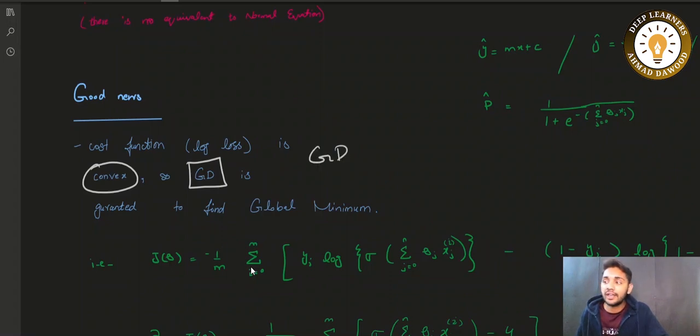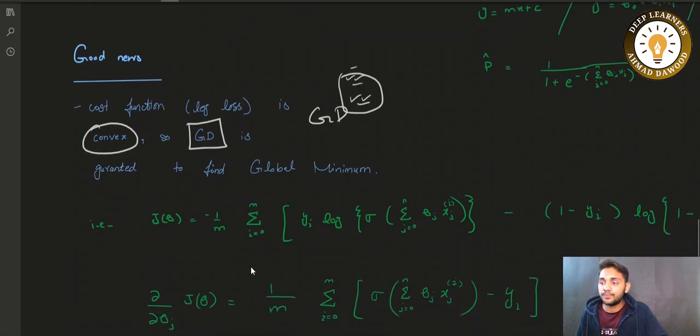First you initialize your parameters randomly, then take partial derivatives of your cost function with respect to each parameter, then update the parameters, again take a partial derivative, again update, and you iterate this process until you get your best fit parameters where your cost function gives the minimum value.